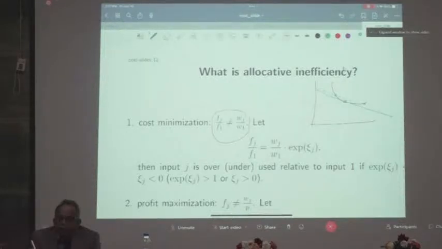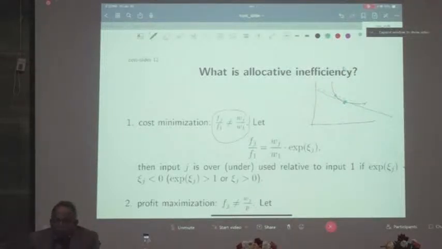Okay, so then again the way we say that if you do not use the inputs optimally, you have suboptimal allocation, that will increase your cost. So that is going to be your cost of allocative inefficiency. Right? So far we have not mentioned it.